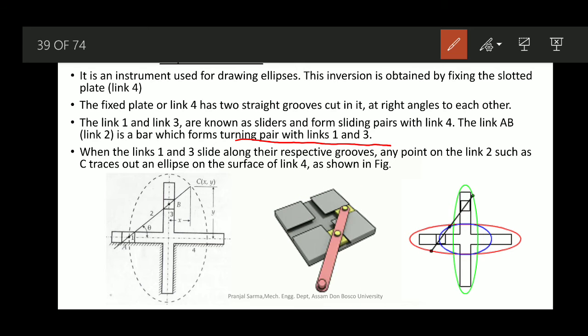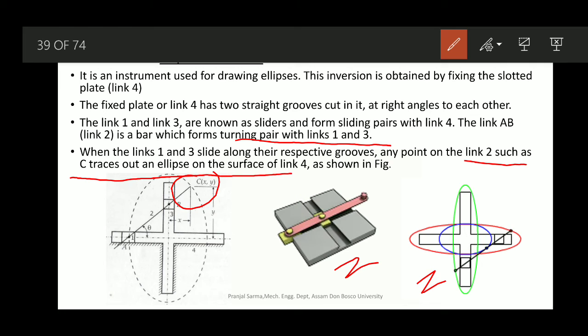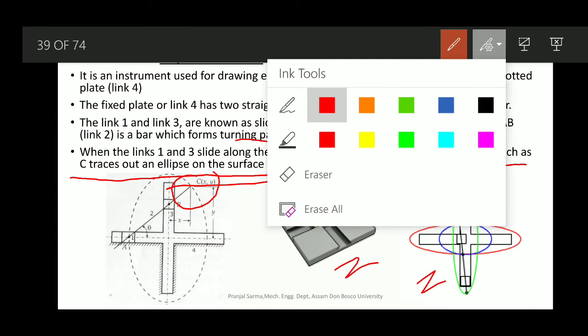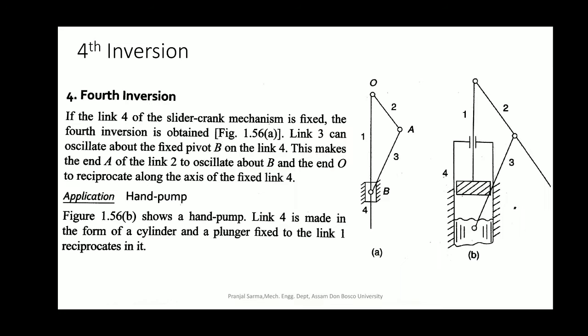As you can see from both GIFs, when link 1 and link 3 slide along their respective grooves, any point on link 2, that particular bar, such as the point C we have considered here for analysis later on, traces an ellipse on the surface of link 4. So you should remember that this is how we get this kind of elliptical movement. From the GIF it is very evident.